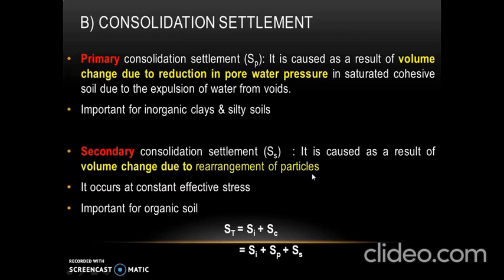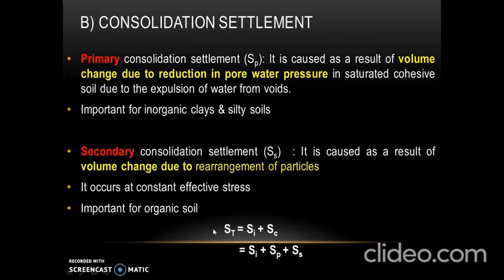We know that effective stress is only due to the soil particles present, and this type of settlement is found usually in organic soil, whereas primary consolidation settlement is observed in inorganic soil.